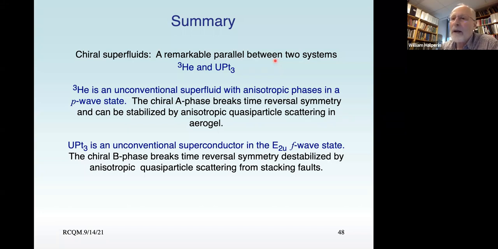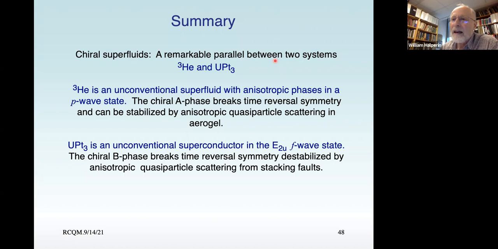So the velocity covers a wide range. That's an interesting problem I didn't have time to talk about, but mostly this is understood theoretically. The velocity agrees well with the theory, but the attenuation of the transverse sound does not.